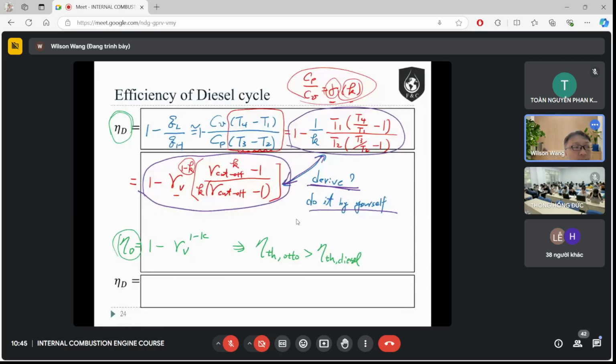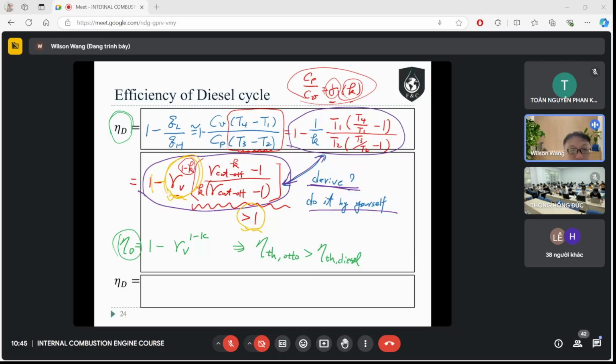Okay, so because this part is larger than one, your compression ratio term, no matter what this value is, you're multiplying by something higher than 1, and then 1 minus something multiplied by something higher than 1.